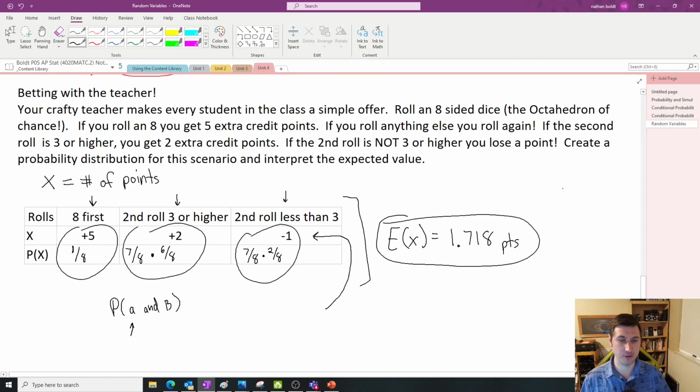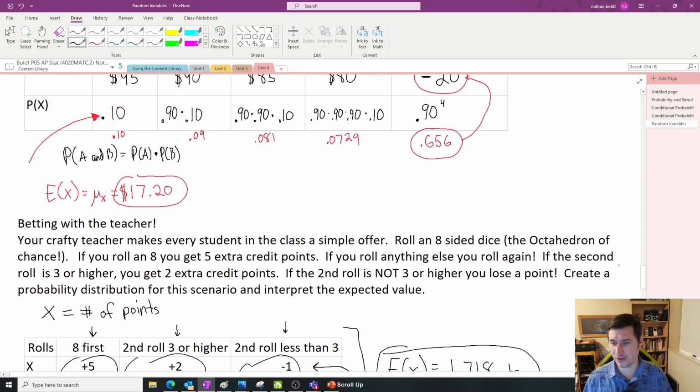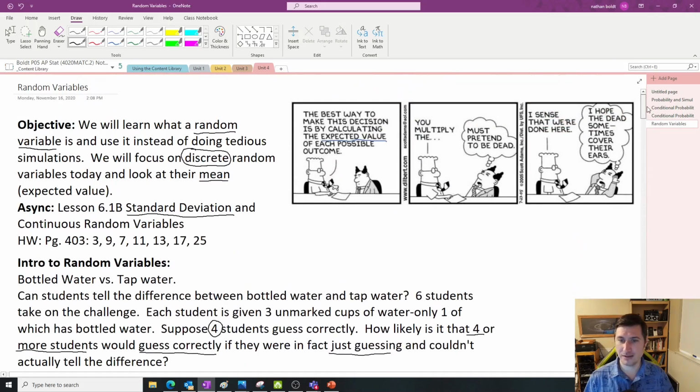Okay? Those are the two things we got to be able to do. Your video here today expands on that. If we're going to do the mean, we got to do the standard deviation, right? So your video is on standard deviation, and then going from discrete random variables to continuous random variables.